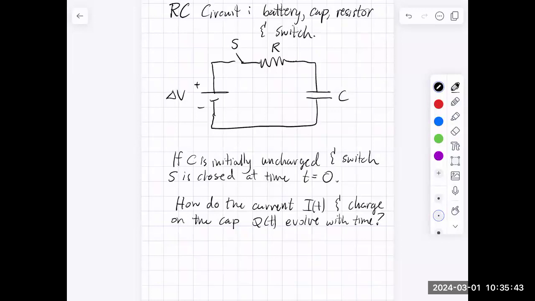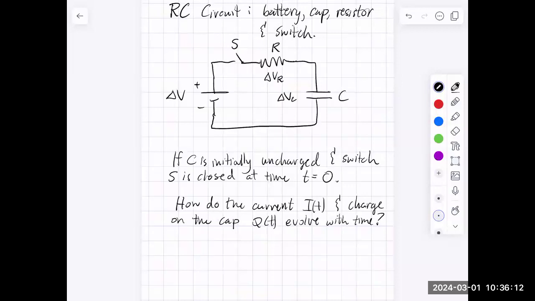So what we'll have to do is start by doing our Kirchhoff voltage loop analysis that we just said. So we said that if we track all the changes in voltage around a closed circuit, they have to sum to zero. So let me label this as delta VR will be the voltage across the resistor, and delta VC will be the voltage across the capacitor.